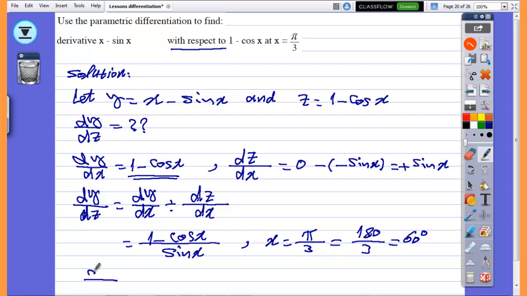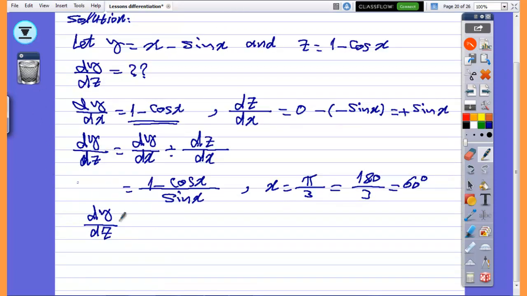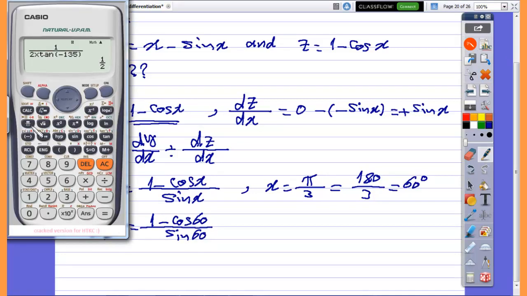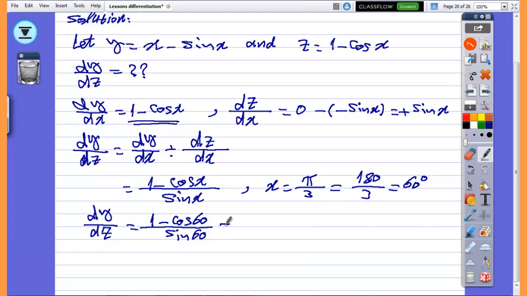Now dy/dz when x equals 60 equals 1 minus cosine 60 over sine 60, which equals root 3 over 3, and this is the final answer.